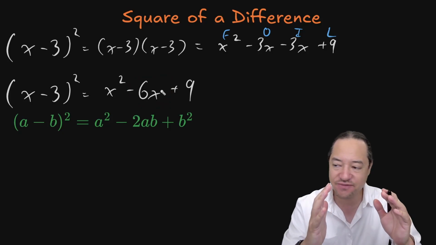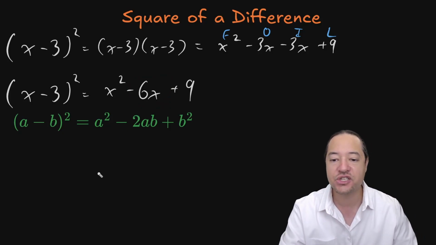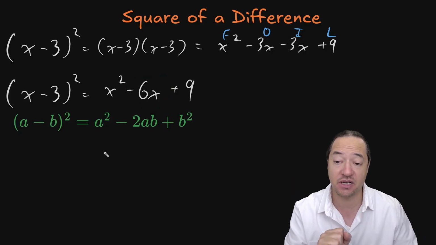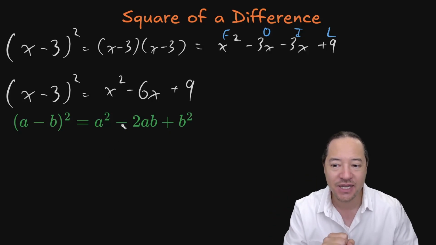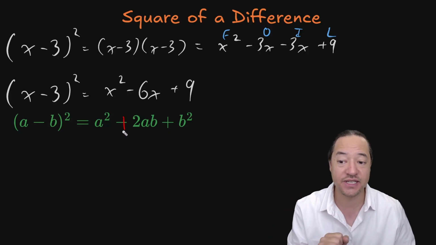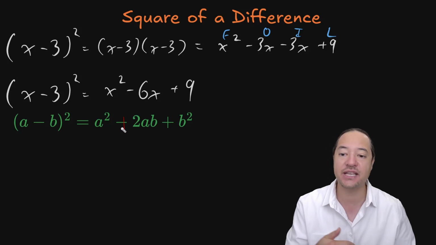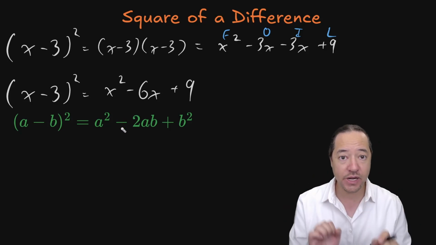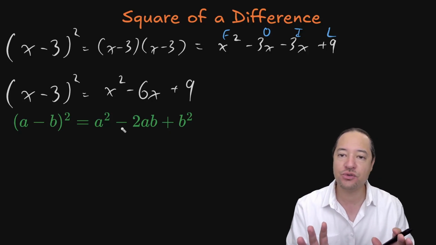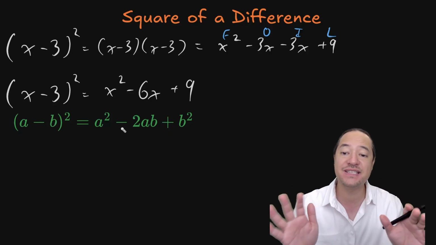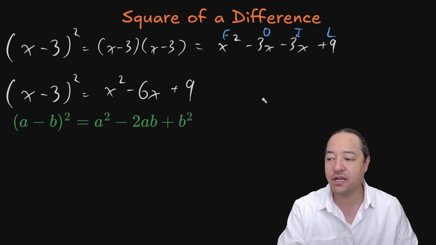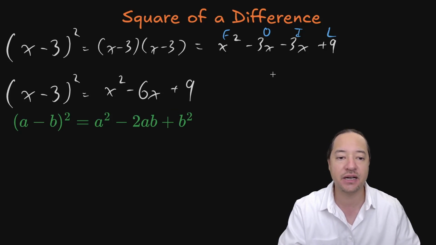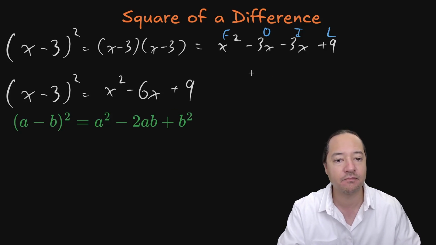So you can see that this is very similar to what we had before. It's just that when you have a square of a sum, it's a positive sign. When you have a square of a difference, it's a negative sign. Okay, so you can either just remember that, or there's another way to think about this, and that is to not think of this as a separate formula. Instead, you can think of this as a plus a negative b quantity squared.